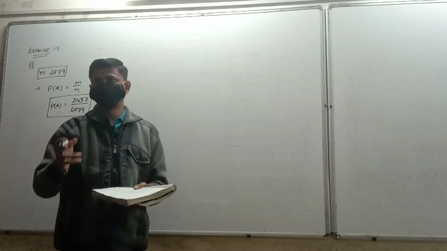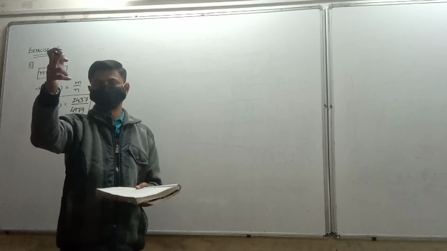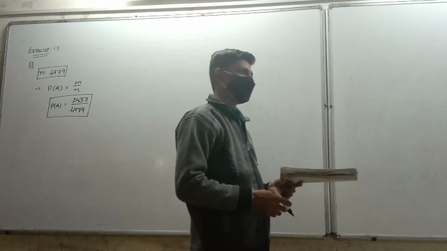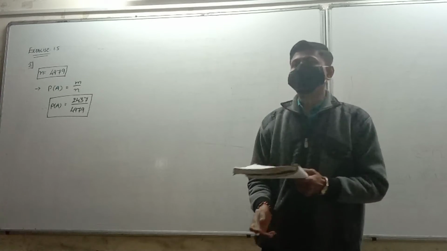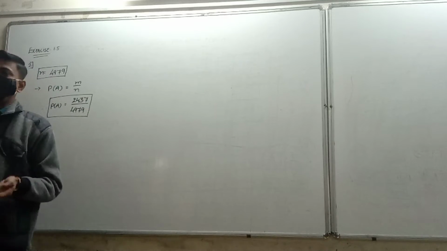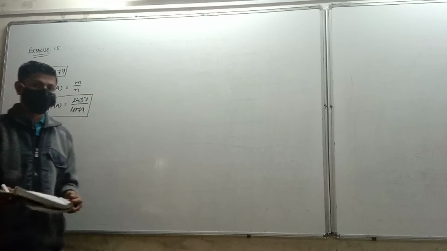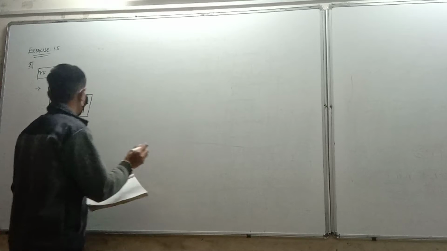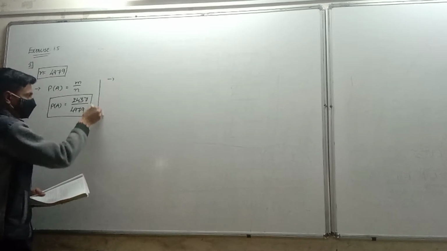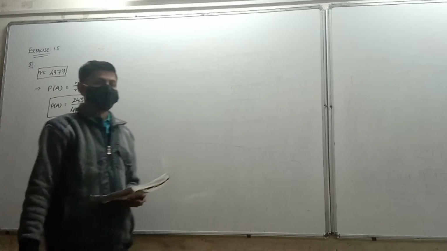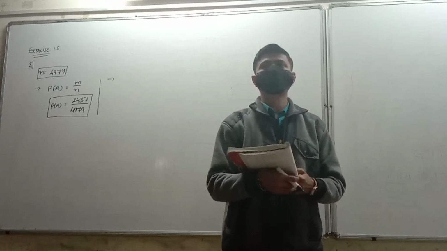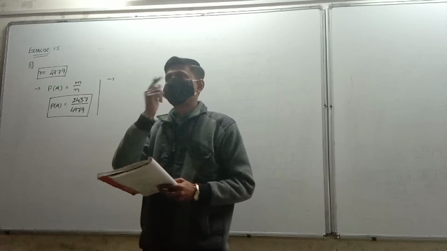Now next, new line, event capital M is equal to selected voter is a male.